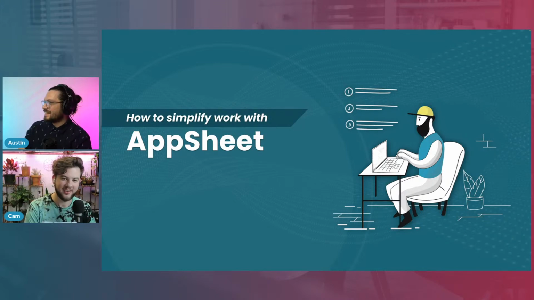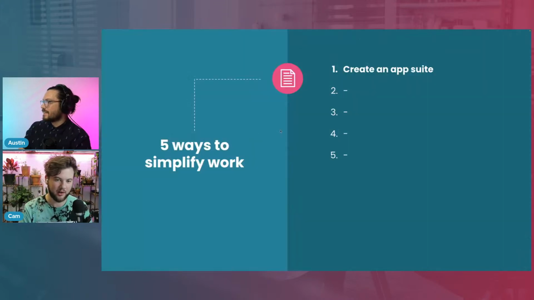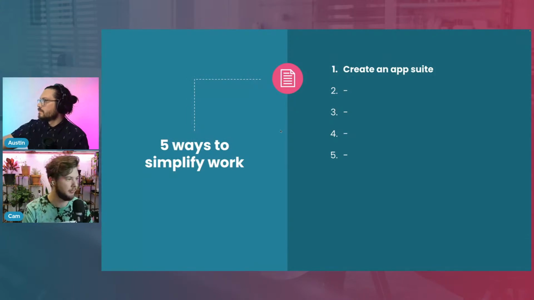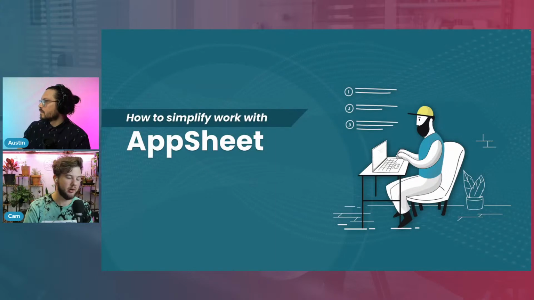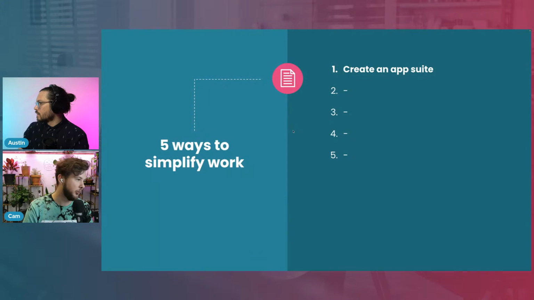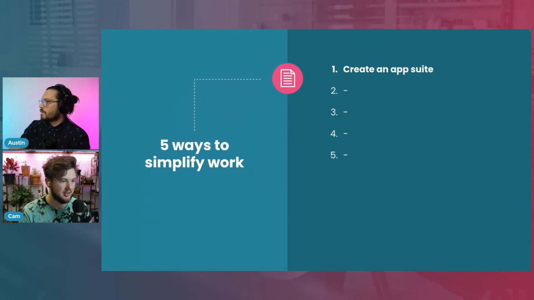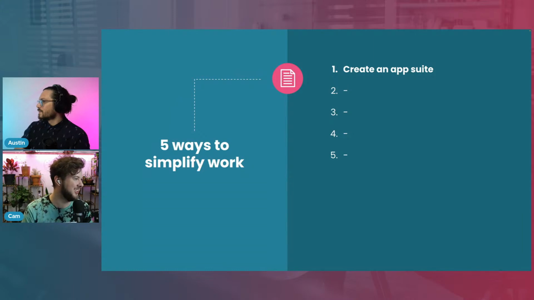Today for our video, we're going to have a demo that has 5 parts. It's 5 ways to simplify work with AppSheet, and number 1 is create an app suite. Number 1 is an app launcher.